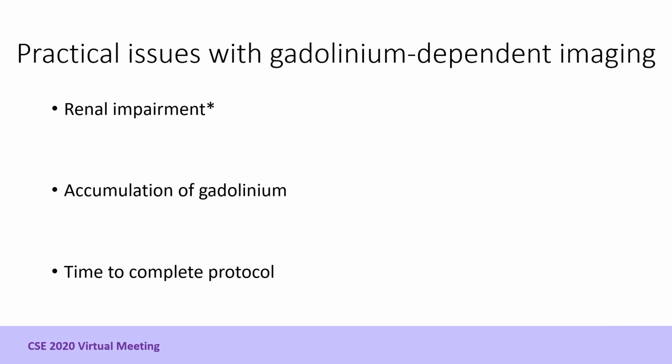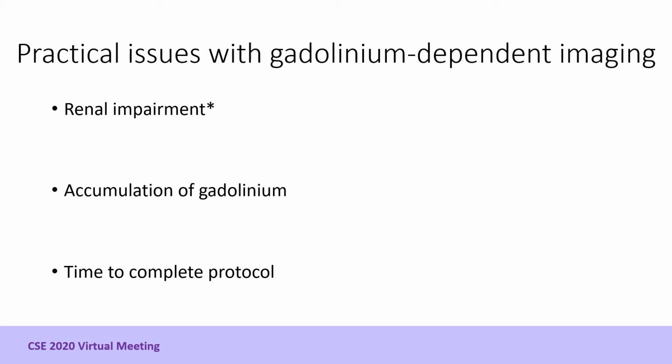There are practical issues with administering gadolinium in patients with known or suspected cardiac amyloidosis. Many of these patients have concomitant renal impairment. An eGFR of less than 30 was previously a contraindication to the administration of gadolinium-based contrast agents due to the risk of nephrogenic systemic fibrosis. However, this is now evolving.